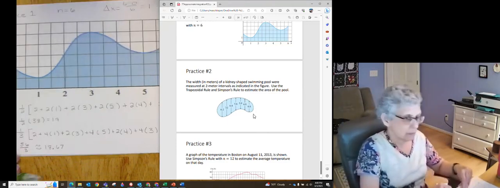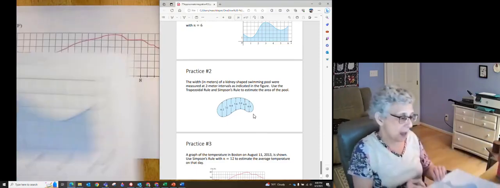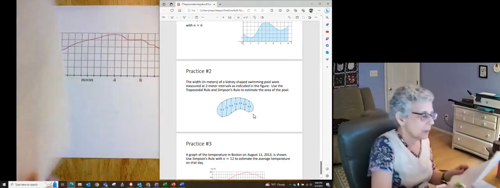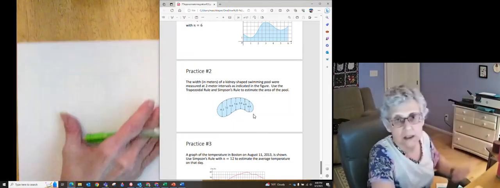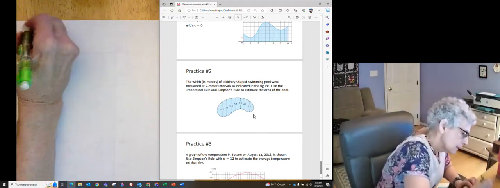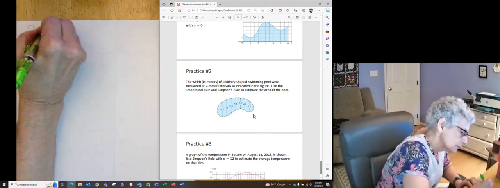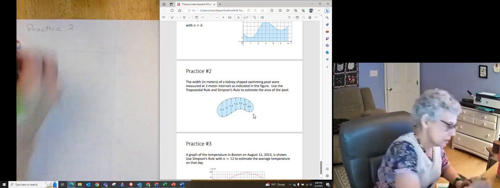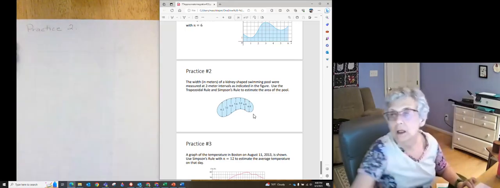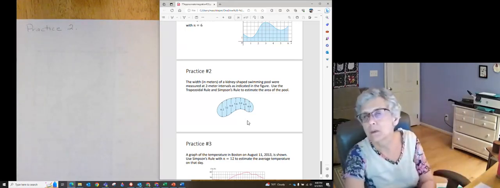So I think I'll just use the back of this sheet of paper and do this one. That's the next example. I'll move that out of the way. This is practice number 2. And how many intervals are we using?